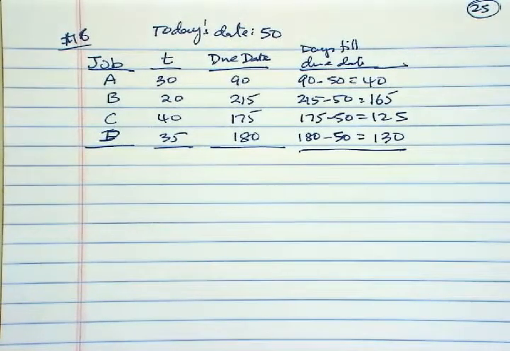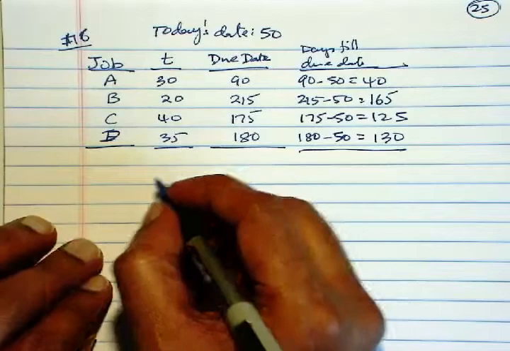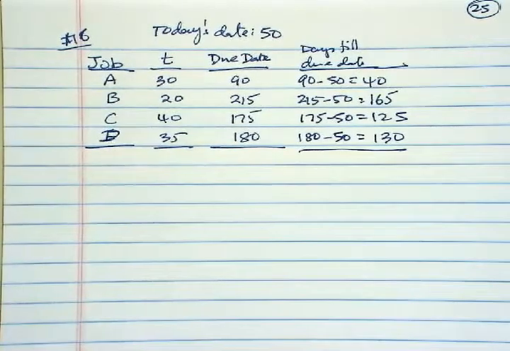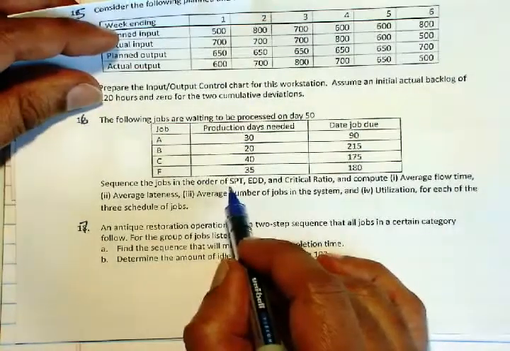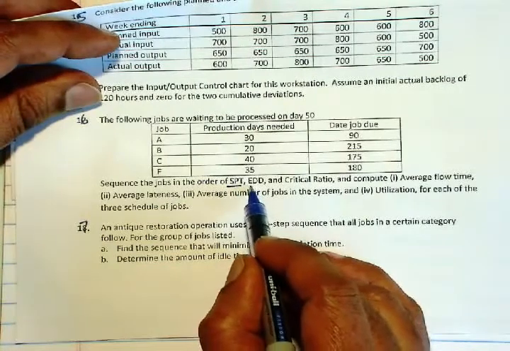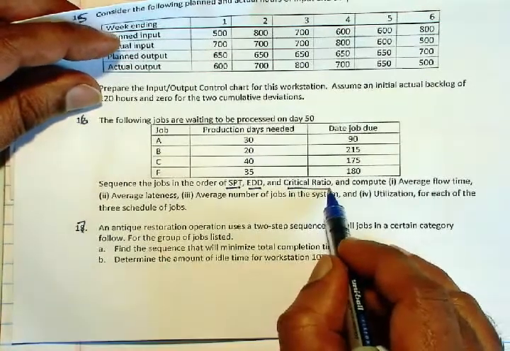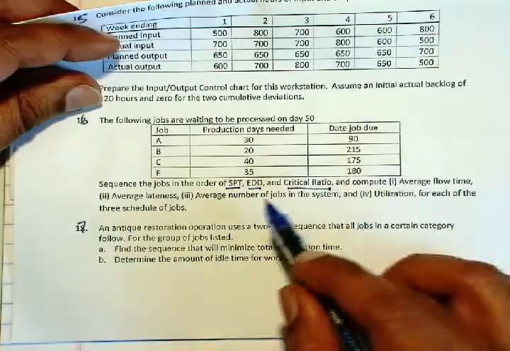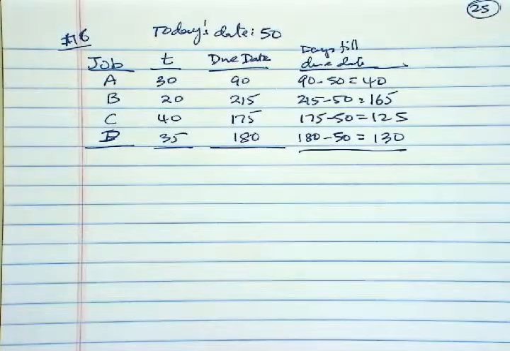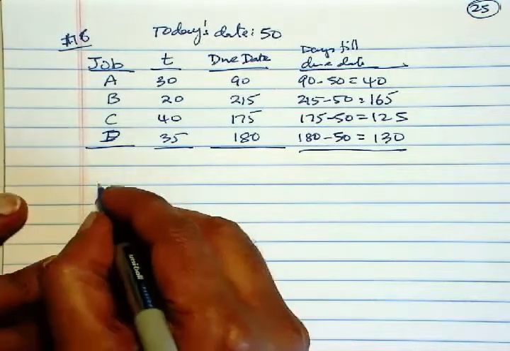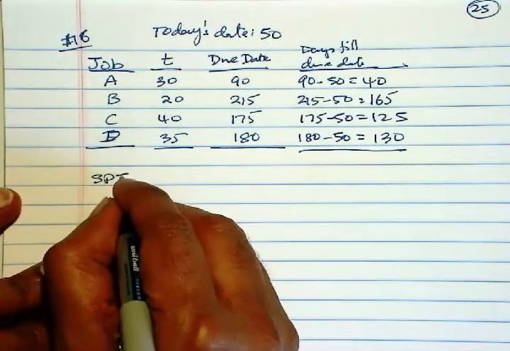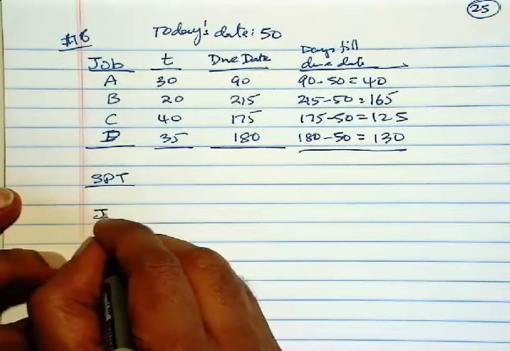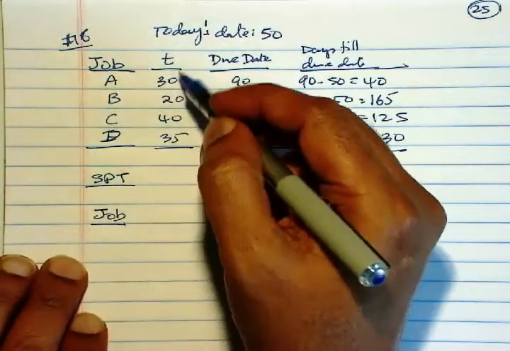So now, first, what we need to do is to order according to SPT, EDD, and critical ratio, and compute these 4 different performance measures. Okay. So first is SPT. So SPT will be according to the processing time.